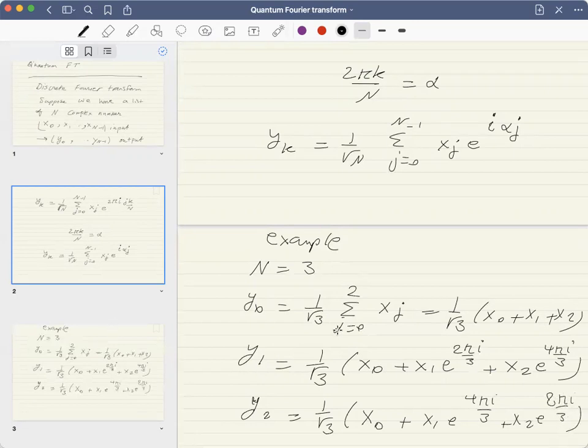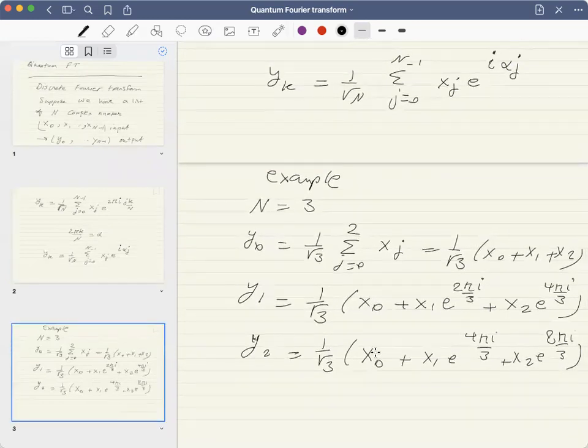So each of the y's is going to be some linear combination of the x's, and the coefficients are determined by these exponential factors. So if you want to do this on a classical computer, well, how would you do it? I guess you can just directly calculate it, put in a for loop that calculates each of the y's individually. And then to calculate each of the y's, we need to calculate n terms and add them up.